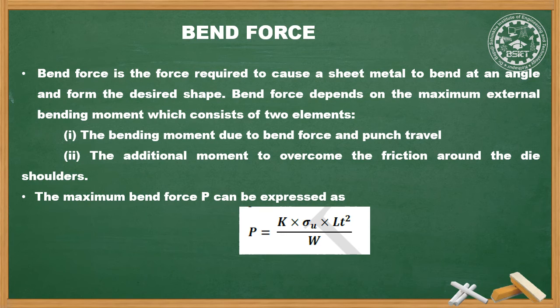K is equal to die opening factor, which usually ranges from 1.2 to 1.33. Sigma u is the ultimate tensile strength. L is equal to length of the bend. T is equal to thickness of the sheet, and W is the die opening provided in the bending die.